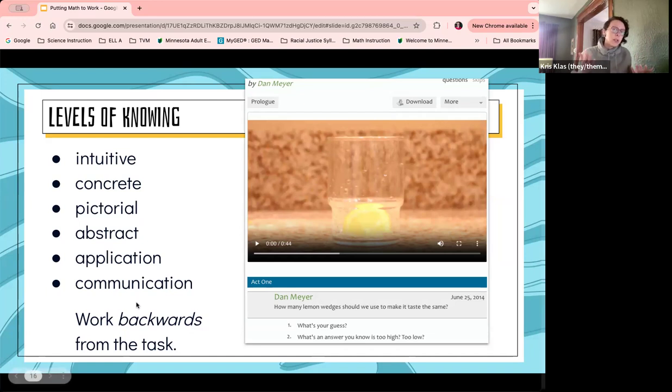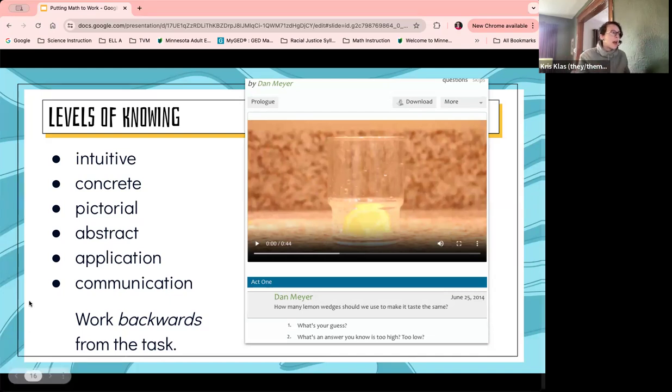The pictorial level is really about drawing out or using pictures to do the math task as well and sort of demonstrate their thinking. So again, you could use maybe this lemonade task or the box of 10 donuts and have students show you how they're going to essentially group the money, the price of the items, with the number of items.